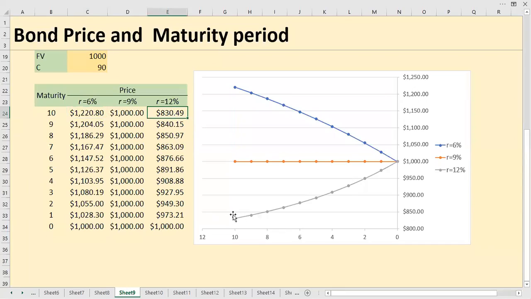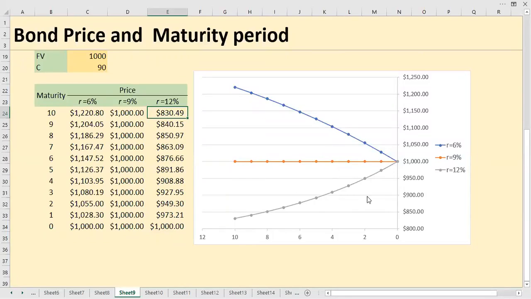So it will start at 830 and keep increasing up to 1000 rupees as you reach your maturity period. But if the required rate of return is exactly equal to the coupon rate, it will always be a straight line like this. It will not change.